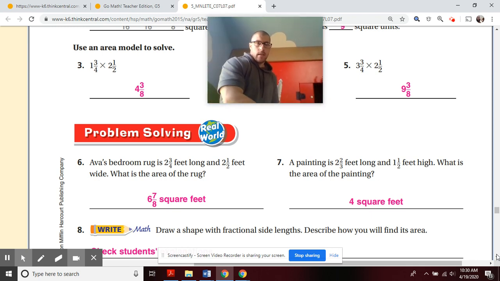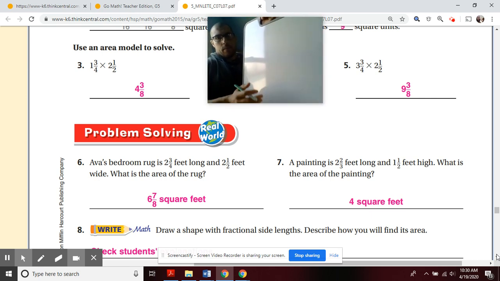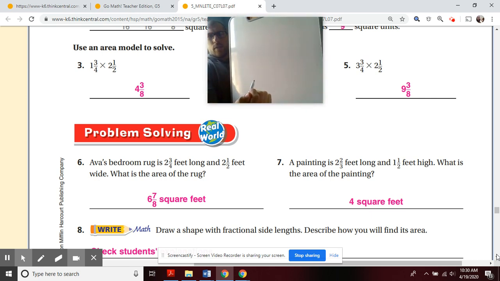And finally, number 7. A painting is 2 2/3 feet long and 1 1/2 feet high. What's the area of the painting? 2 2/3 would be 8/3 times 1 1/2 would be 3/2. Ooh, this one I can use cancellation. Look at common factor between 3 and 3 is 3.